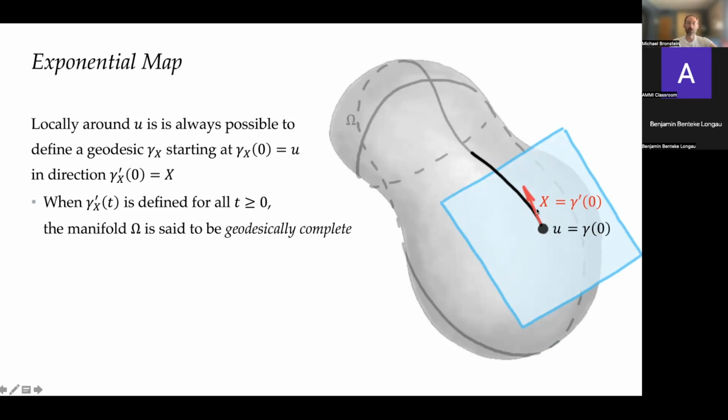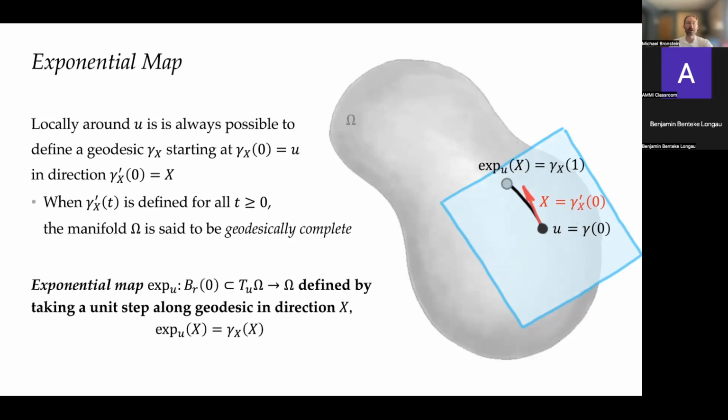So you can give me a vector X, and I can define a curve for which the tangent vector at point 0 will coincide with X. And I can follow this geodesic, and when this geodesic is defined for any t, from 0 to infinity, this is what we call geodesic completeness. So I can follow this path indefinitely.